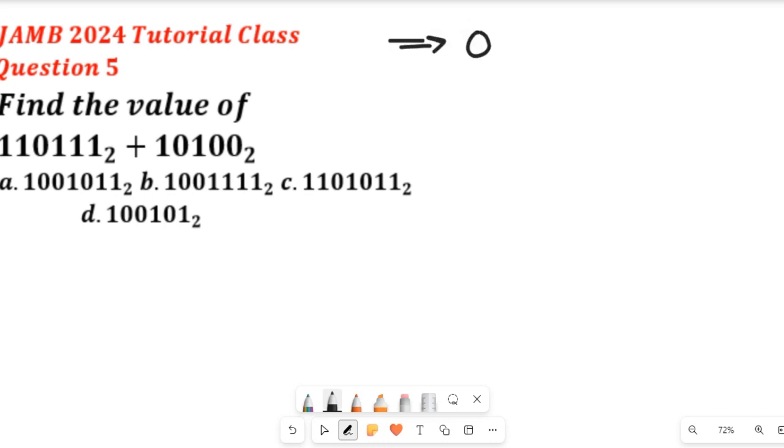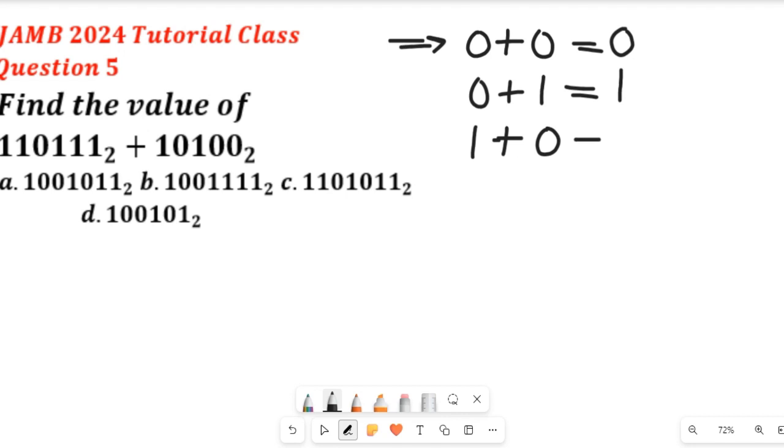When you have 0 plus 0, that gives you 0. 0 plus 1 is equal to 1. 1 plus 0 is still equal to 1. 1 plus 1 is equal to 10, so you write 0 and carry 1 to the next row.